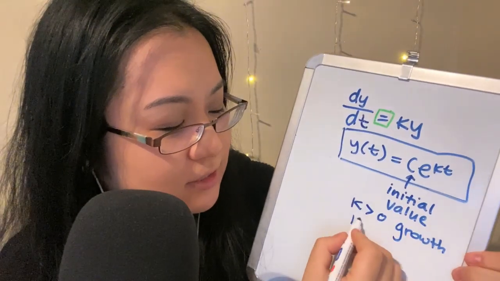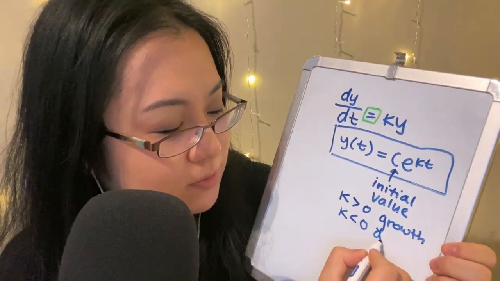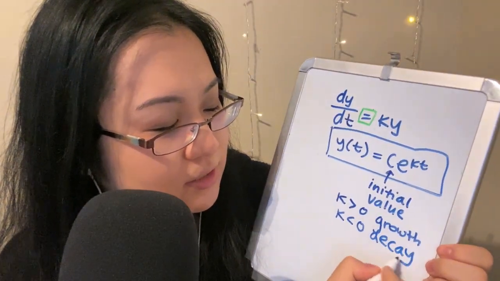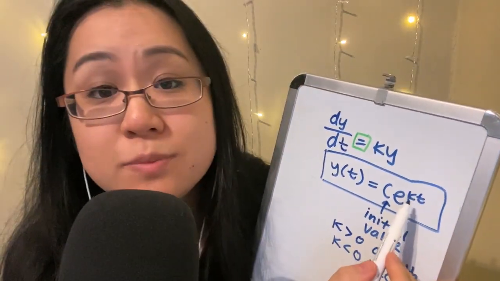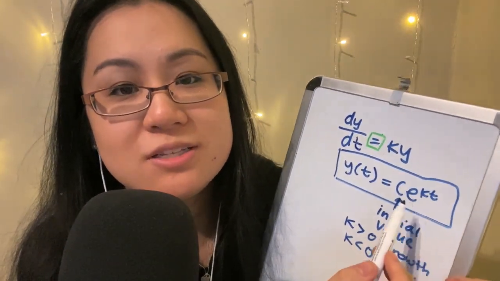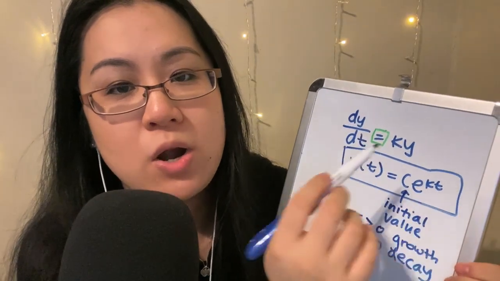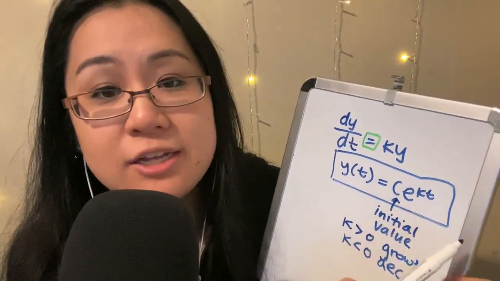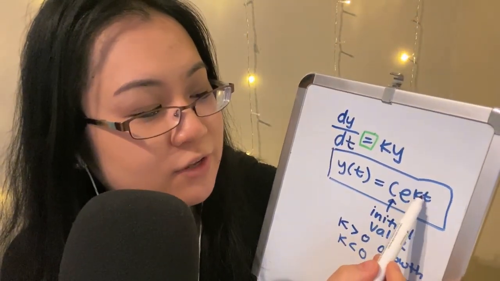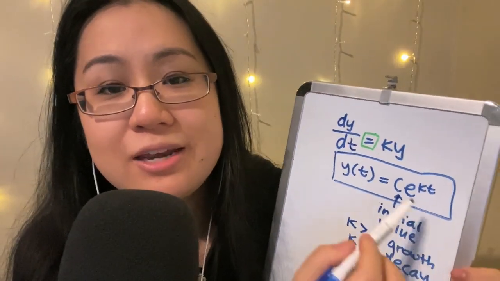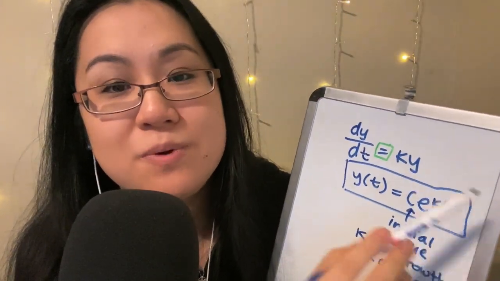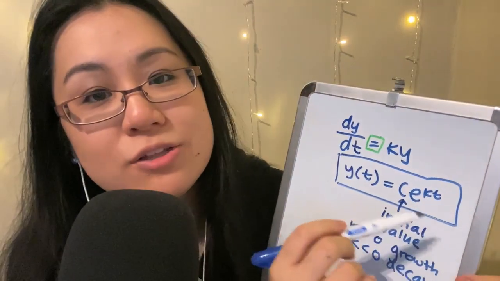If k is less than 0, you have a decay situation, because that would have a negative exponent. When you have negative exponents, it's the same thing as making it a fraction, 1 over e to the kt. So if it were e to the negative 3t, that would be 1 over e to the 3t.